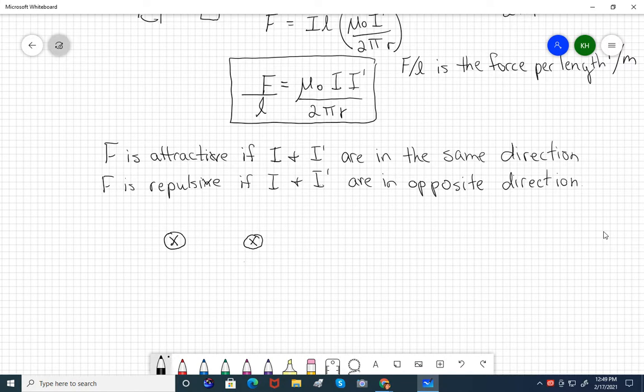Well, picture your thumb pointing into the screen. We're going to grab that wire. You can see that the magnetic field lines form concentric circles like this. This one does the same thing.